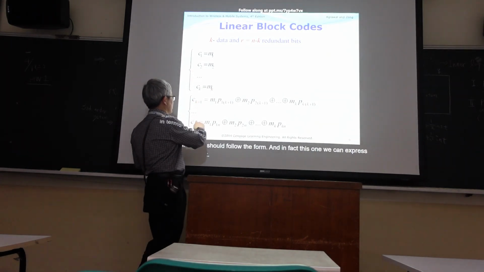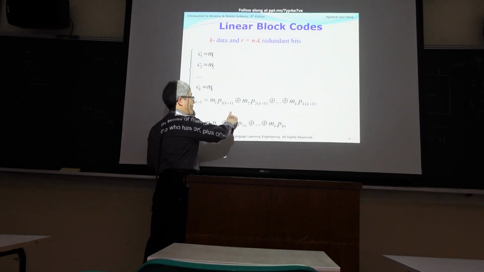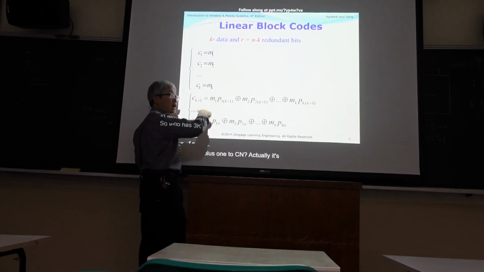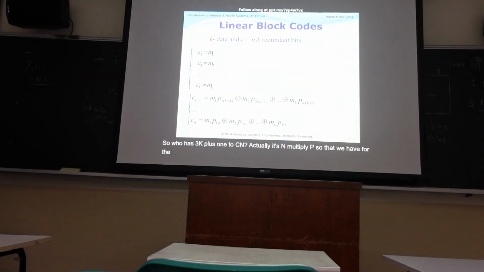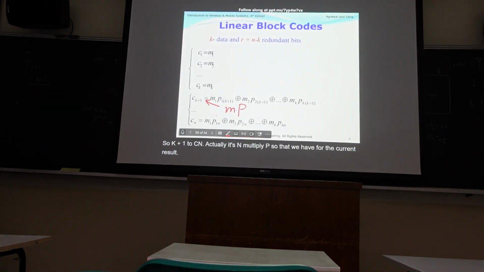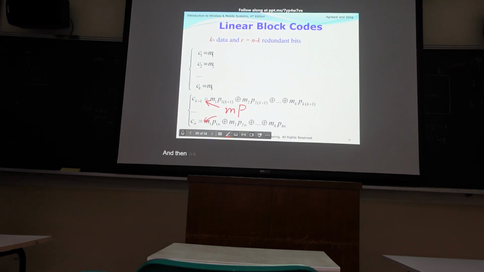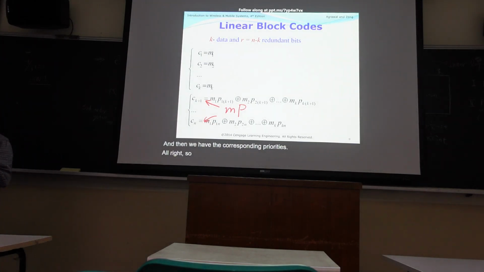So here, CK plus 1 to Cn is actually the message multiplied by P, so that we have the current result and the corresponding parities. Alright, so this is the operation. We want to have the resultant codevector.